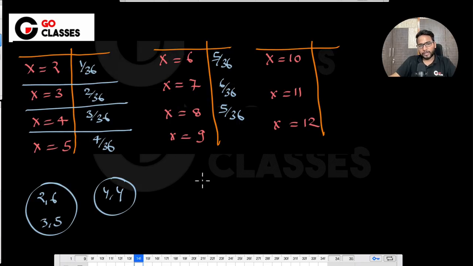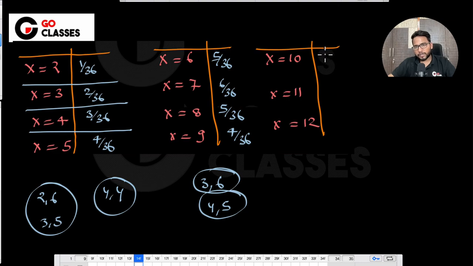For 9, 1 comma 8 we can't have, 2 comma 7 we can't have, but 3 comma 6, and then 4 comma 5, and then it will repeat 5 comma 4, right? So this is 2 possibilities, this is 2 possibilities, so again 4 possibilities. Okay, it started decreasing, so 5, 6, and then 5, 4 again, right? So you can check it out. It will be 3 by 36, it will be 2 by 36, it will be 1 by 36, right?